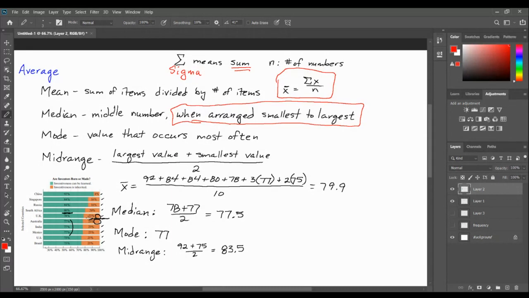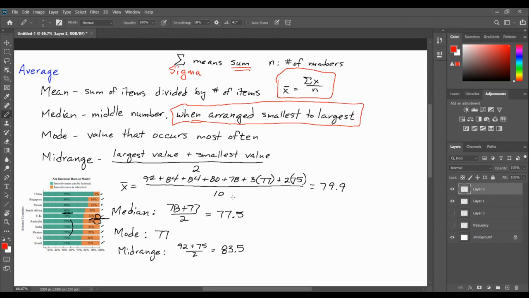This is the results of a survey. They asked people from these various countries, is inventiveness, or the tendency to be an inventor, something we learn or something we inherit? China had 92% of their respondents say it could be learned. Brazil only had 75% of their respondents say it could be learned.